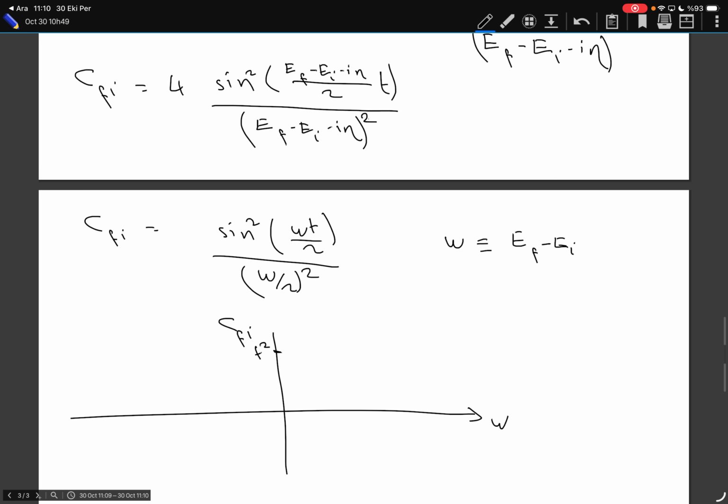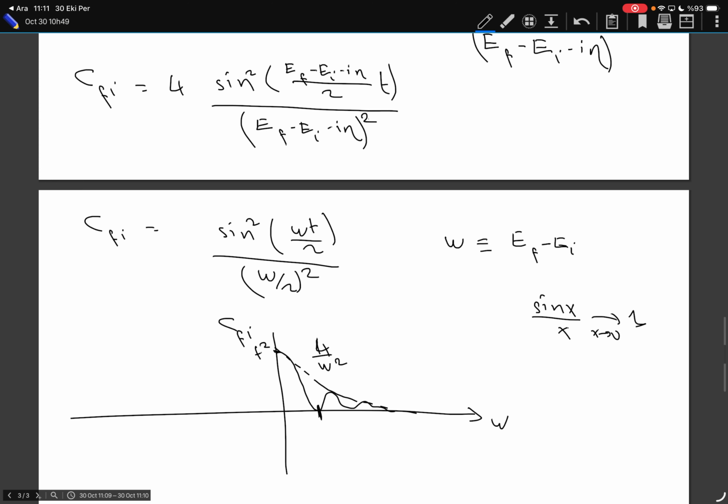This is t squared because sine of x over x goes to 1 as x goes to 0. Then it will also have this oscillating behavior. There's this 1 over omega squared term. That is why the amplitude will diminish as 1 over omega squared, or 4 over omega squared. But this will be the behavior.